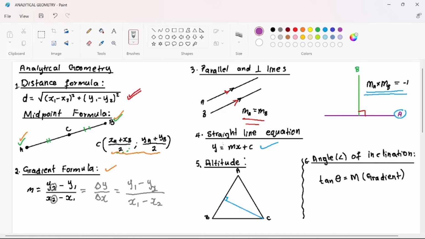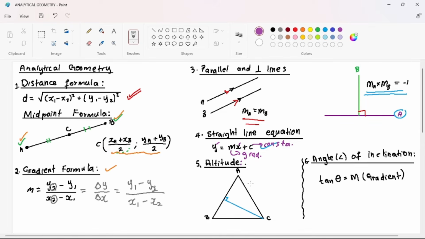Our next formula is known as the straight line formula, right? In the straight line formula, M stands for our gradient, and C is simply our constant, and X and Y are just our unknown variables, which are our y and x coordinates, right? And then we go to the altitude. What is an altitude?